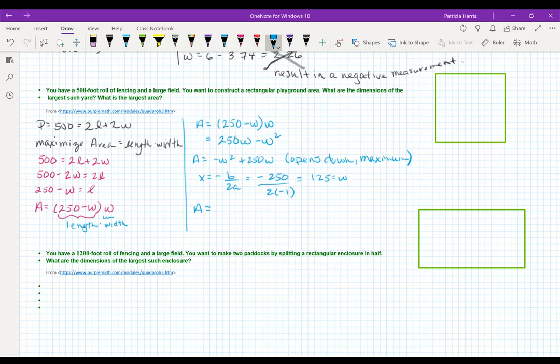So area, negative 125 squared plus 250 times 125.